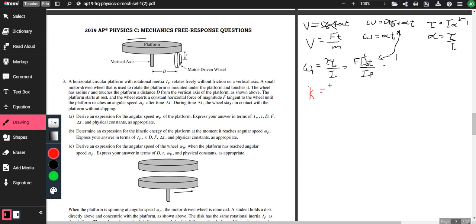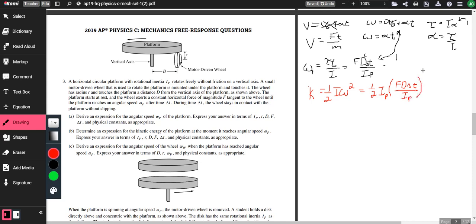Rotational kinetic energy is 1/2 I omega squared. Plug the numbers in: 1/2 I_p times F d delta t over I_p, all squared.